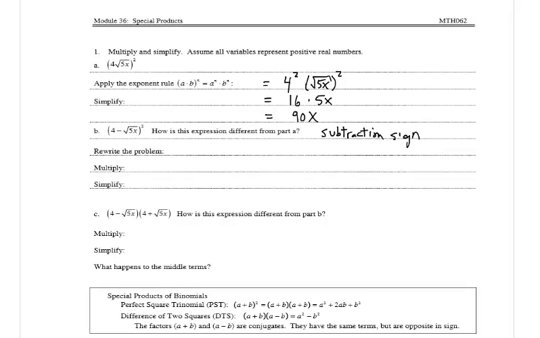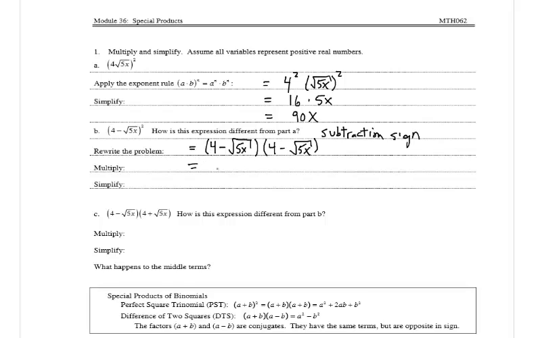So it wants us to rewrite the problem. So we have 4 minus the square root of 5x times 4 minus the square root of 5x. And now we want to FOIL it.